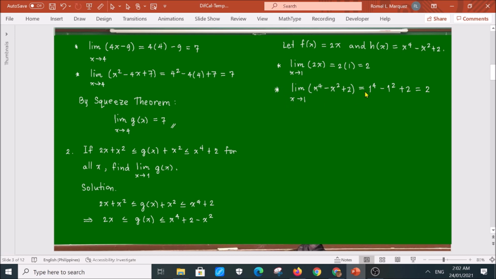Since both the limit of f of x and h of x as x approaches 1 are equal to 2, then by the squeeze theorem, we can conclude that the limit of g of x as x approaches 1 is also equal to 2.